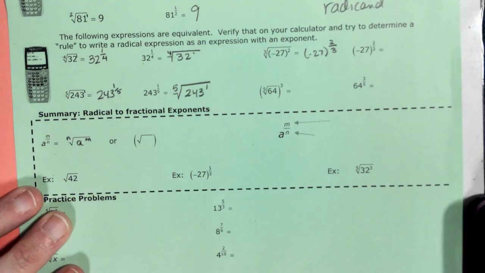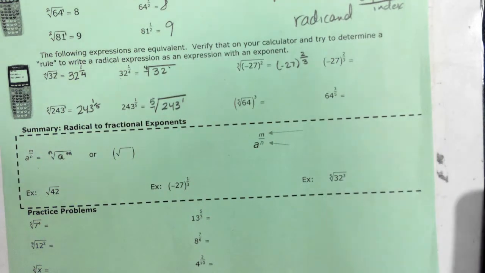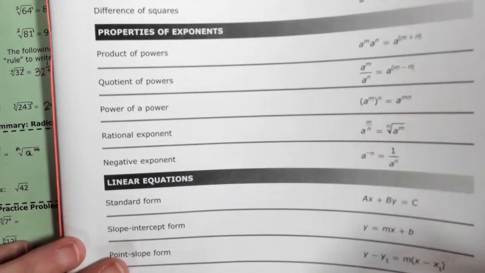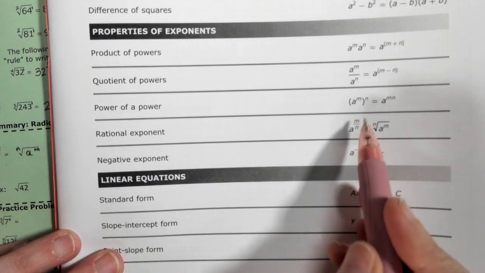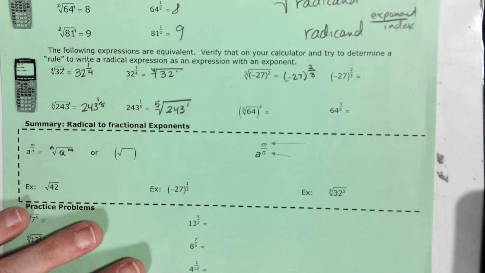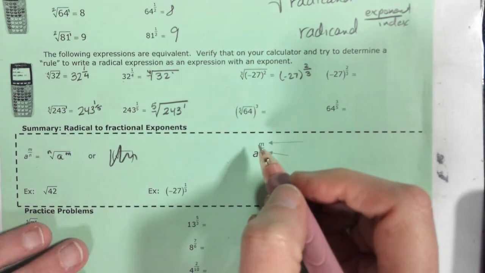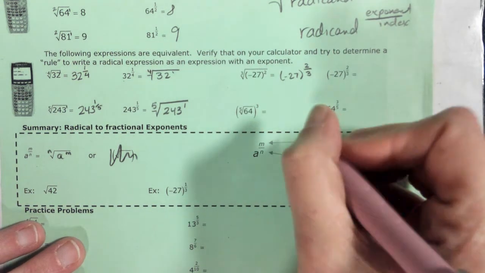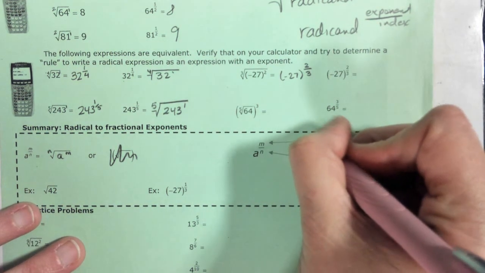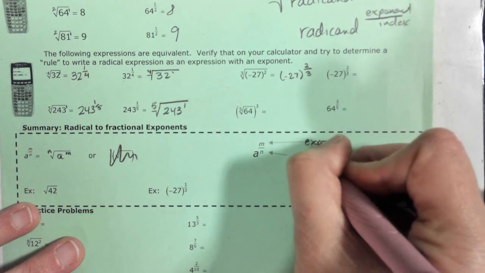If I had my formula chart, which I do, just give me a second, I see the formula right here, that's what it looks like on the formula chart. A to the m over n equals the n root of a to the m. And here, in a to the m over n, m is the exponent and n is the index.